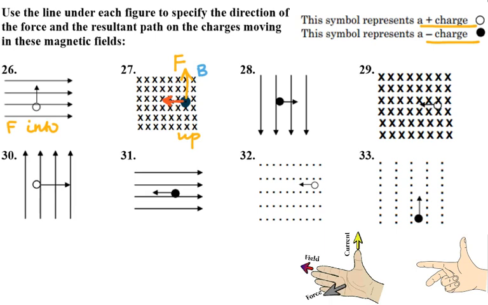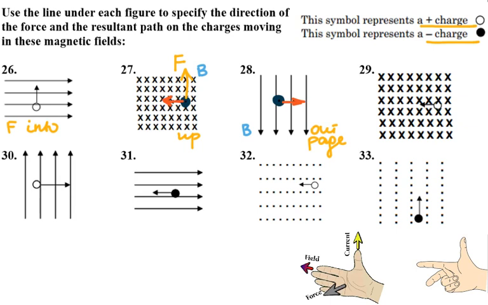For the next question, I have the magnetic field lines down. The negative charge is moving to the right. Then I have my thumb pointing to the right and my fingers pointing down. Because it's a negative charge, the force is going to be out of the page, in other words, toward me.